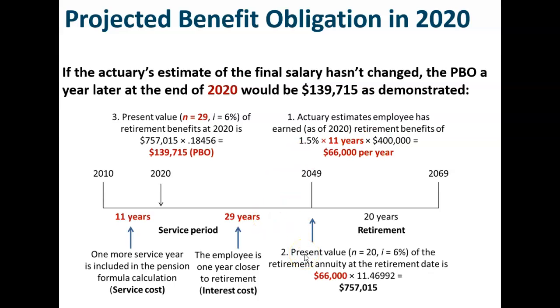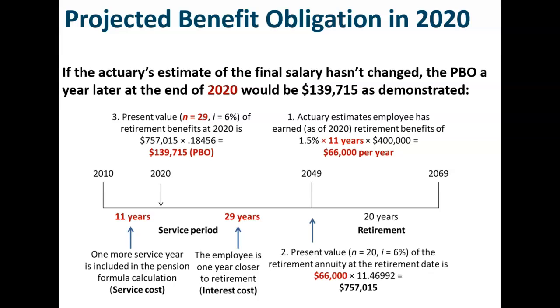The present value of an ordinary annuity factor, where N equals 20 and I equals 6%, the factor is still 11.46992. Multiply that factor times $66,000 per year, and you end up with $757,015 retirement annuity.